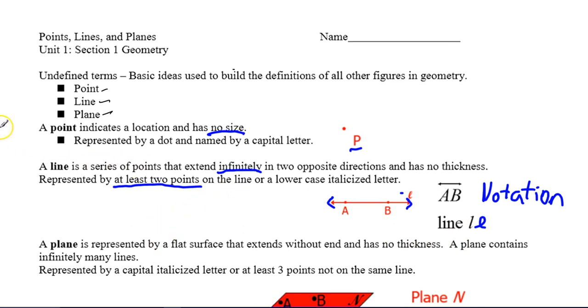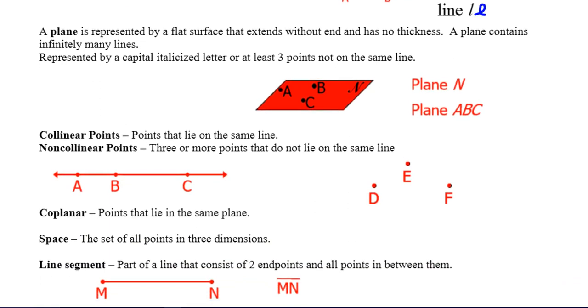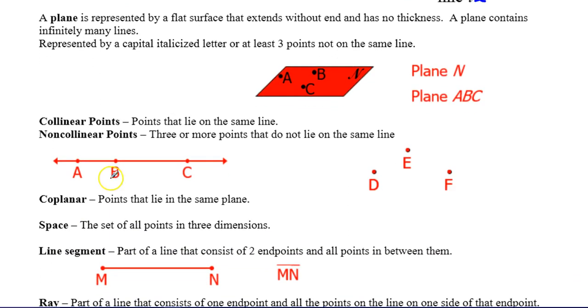All right, so we've got point, we've got a line, and now we are going to look at a plane. So a plane is represented by a flat surface that extends without end, has no thickness, and there are infinitely many lines in a plane. So there's no limit to the number of lines.